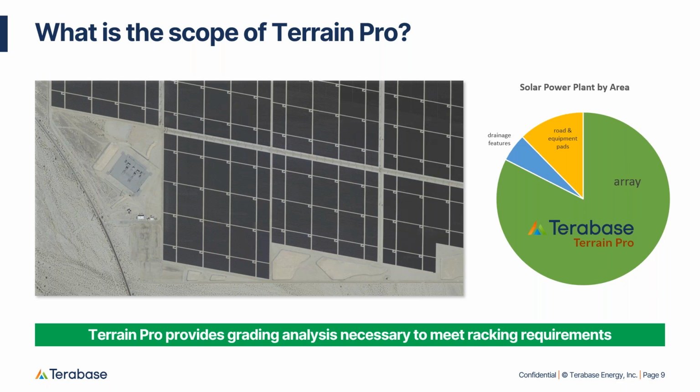If we look at the overall areas covered by these different types of facilities, it's easy to appreciate that the array racking covers the vast majority of the site's area. And therefore, understanding the grading associated with the array racking is a major piece of the puzzle, and also one that can be quite time-consuming to analyze with traditional tools. So this is really the role of Terrain Pro.